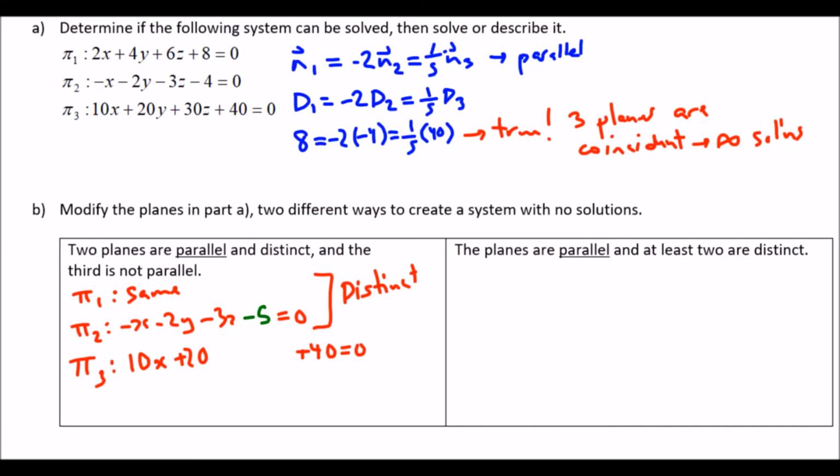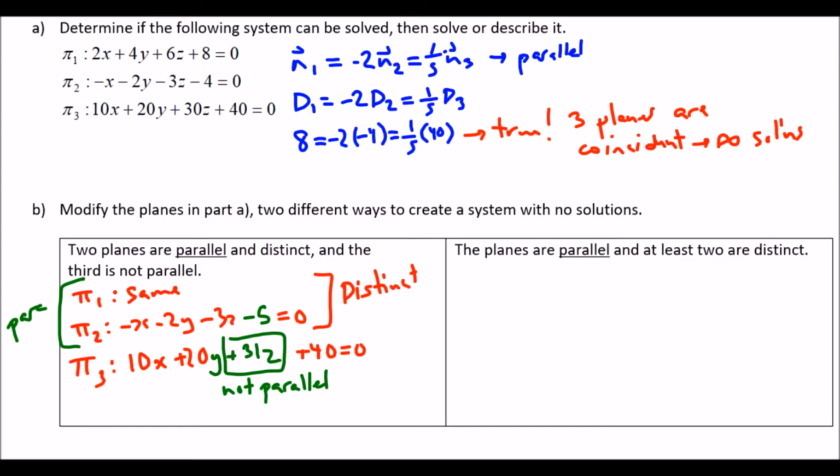And again, because of this value here, this plane is now not parallel. So there we go. These 2 are parallel, and this one here is not parallel. All right, the planes are parallel, and at least 2 are distinct.